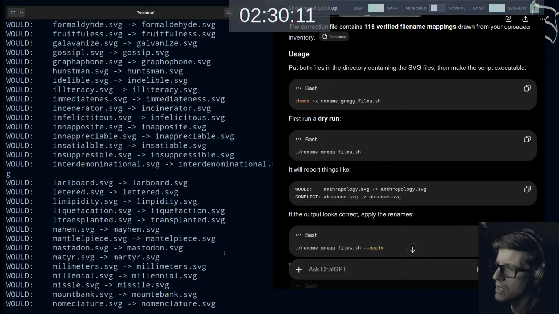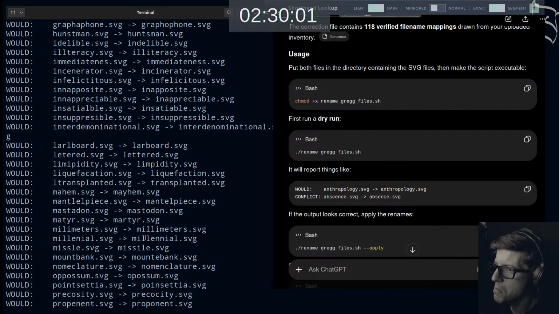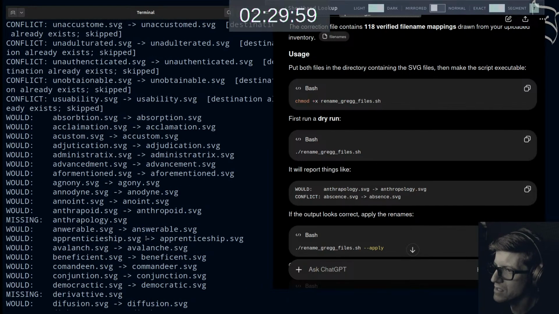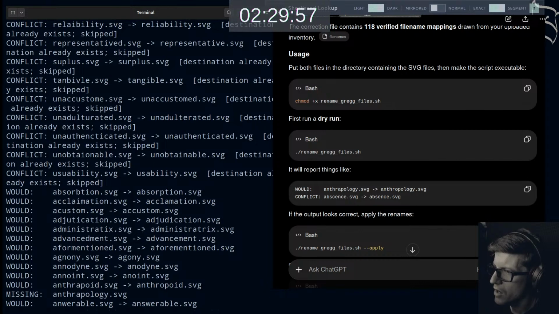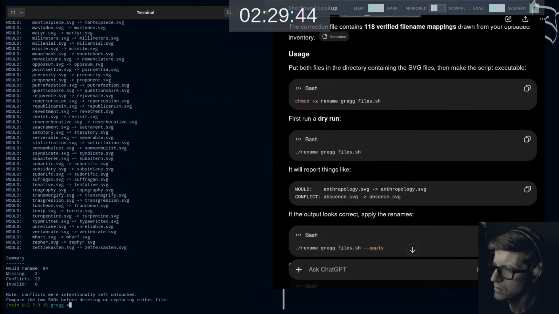So the summary, it said that these are the ones that it would change. Okay. It would change because there really is no reason why you would want to not have those values. Conflict. So you see in the stages where it's talking about the conflicts. Let's make it a little bit smaller. There we go.